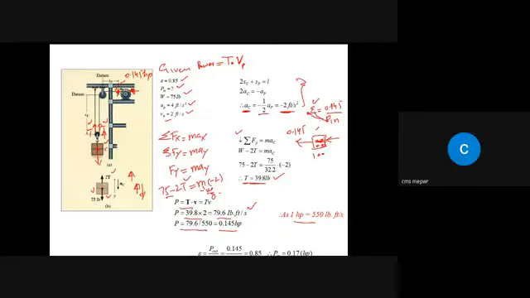So this is the equation. From here we put this value. So from here we can find out the P input. So P input is how much? 0.17 horsepower. This 0.17 horsepower is the power that we need to supply from the outside, right?